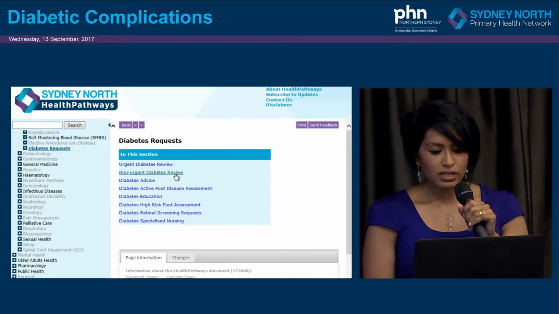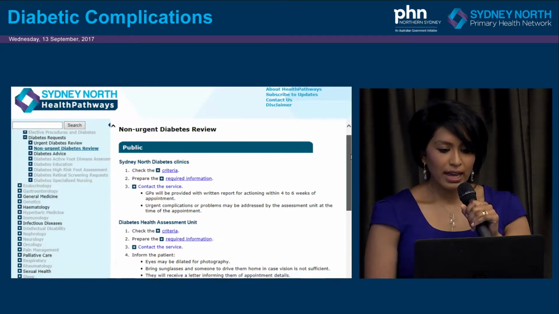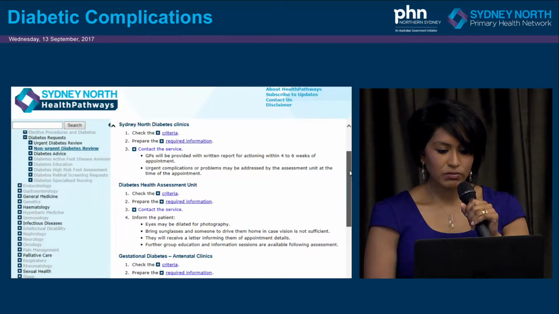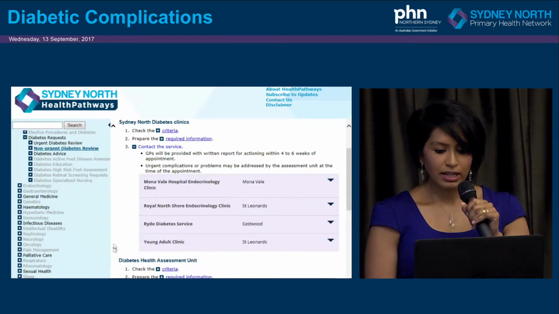So if you wanted to work out where you would send your non-urgent complex diabetes patient for a specialist review in our LHD, you can go to this page and it will show you what's available for the different services that are in our LHD.